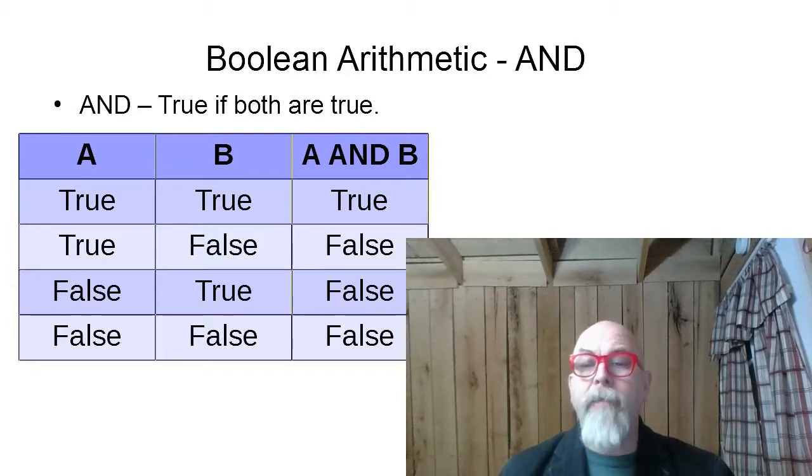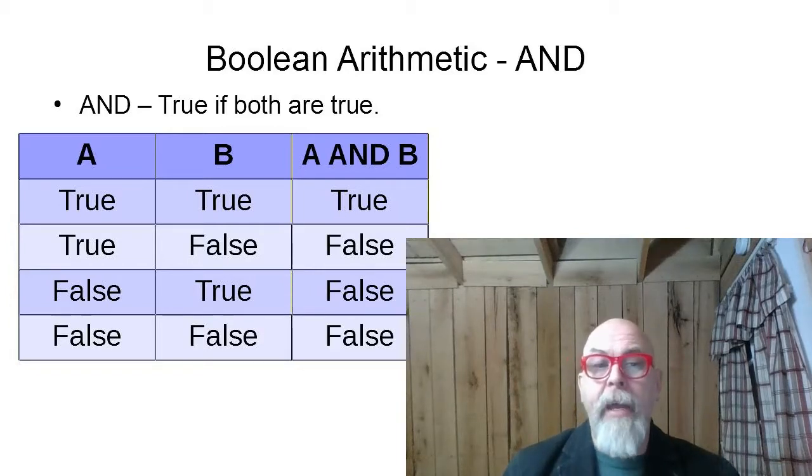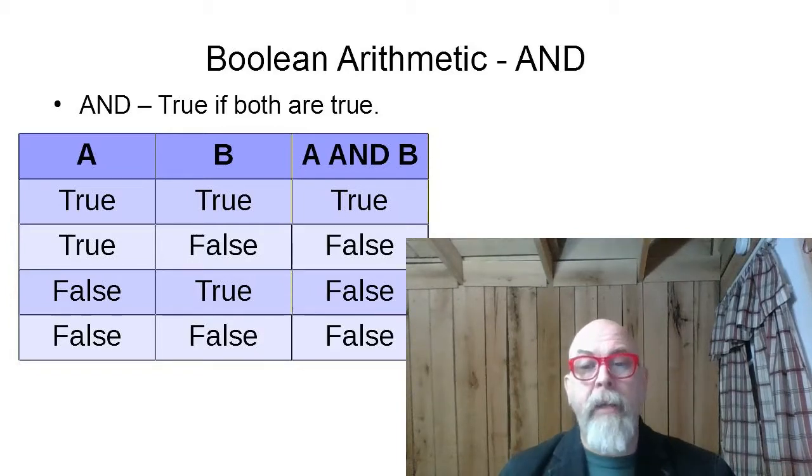It goes through all of the possible values of A and B, and then shows you what the result of A and B would be. If they're both true, A and B is true, and all the other combinations are false.